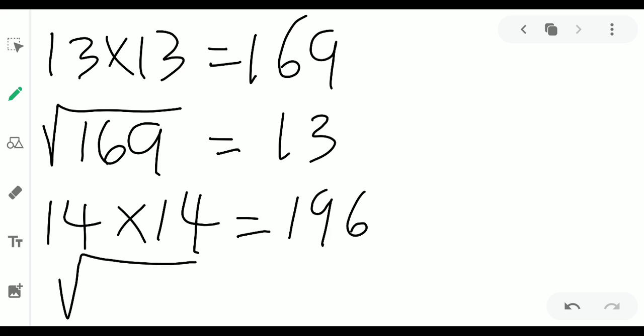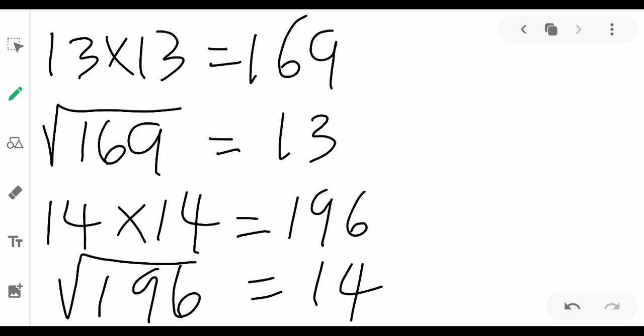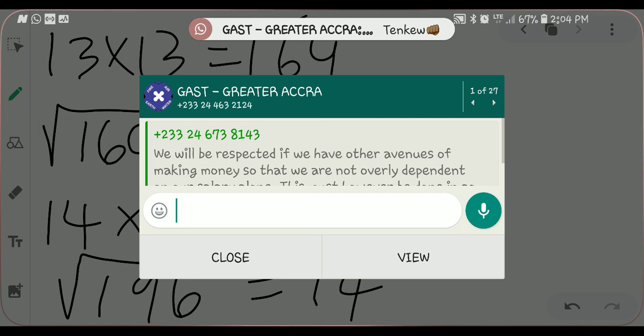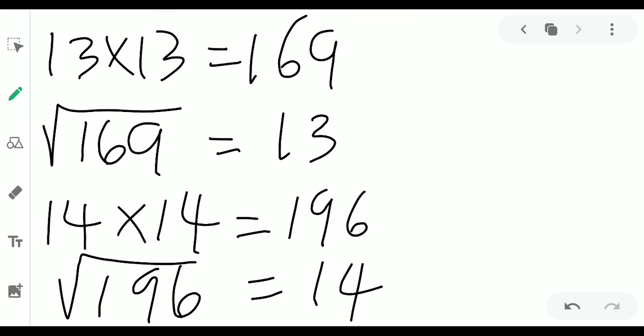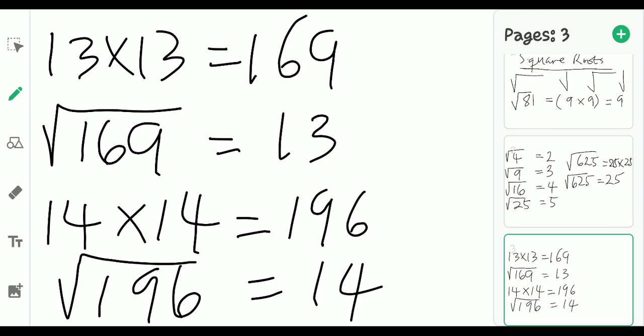So the square root of 196 is what? 14. And you can do that up to the 25 I just mentioned. This is just the beginning of it. So practice up to 25 and you'll be able to tell the square roots. Now let's move on to something else.